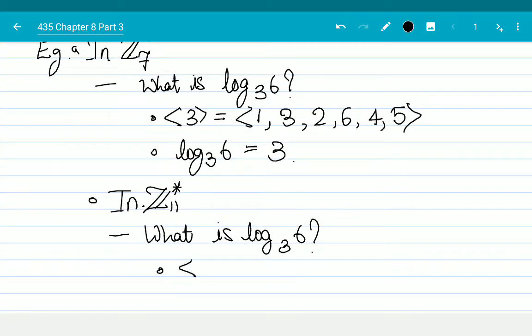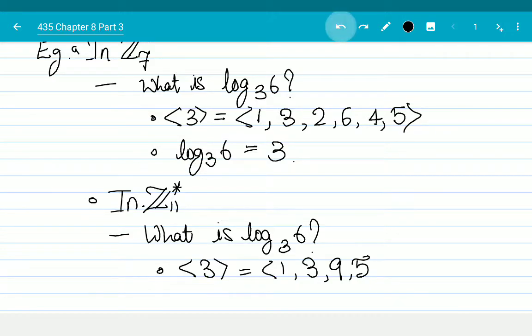I'm going to hope it does. 1, 3. 3 squared is 9. 9 threes are 27, which mod 11 is 22, so 5. 5 threes are 15, which is 4. 4 threes are 12, which is 1, so this does not generate the group.